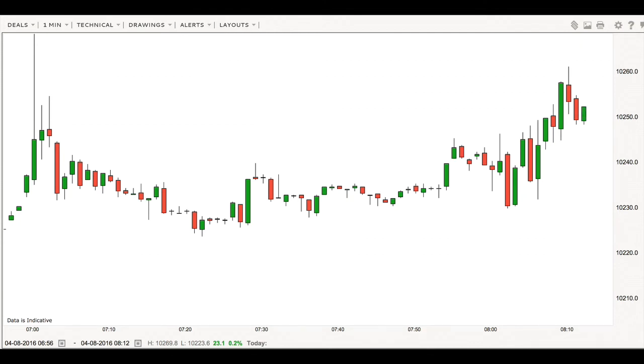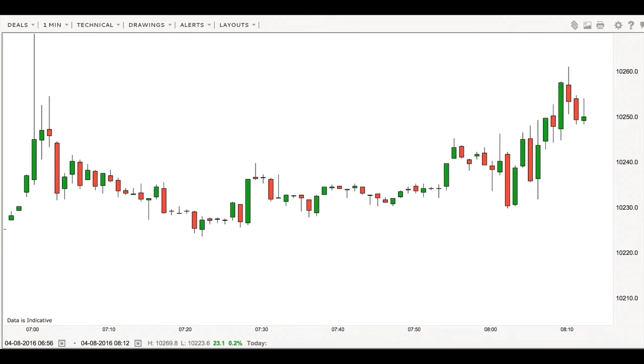If it closes below its midpoint, then it's bearish anyway. So we'd be looking for some sort of reversal bar or a small bar at the top. And what we might be able to do then is take a trade down, hopefully to the bottom of the range.